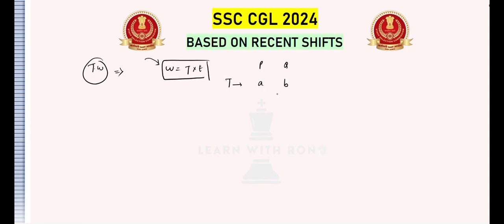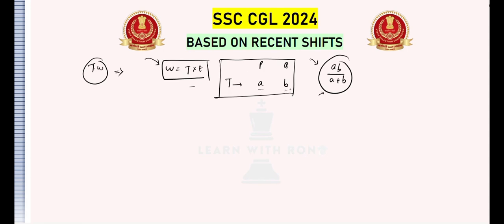If they work together, how much time will be required? If they work together, the time taken is AB divided by (A plus B) for two people. Okay, you can also remember this formula, or you can solve by the normal method. Both are easy, but if the values are easy, try to remember this formula, AB by (A plus B).